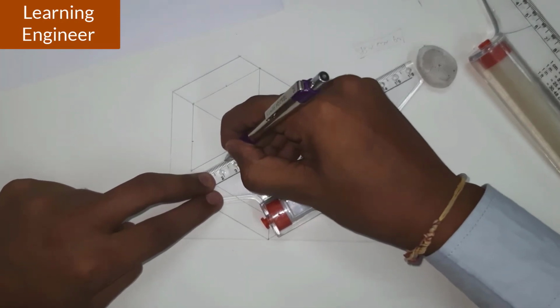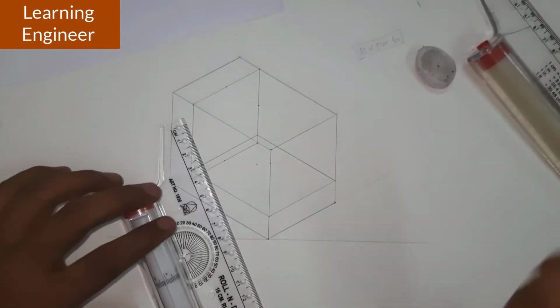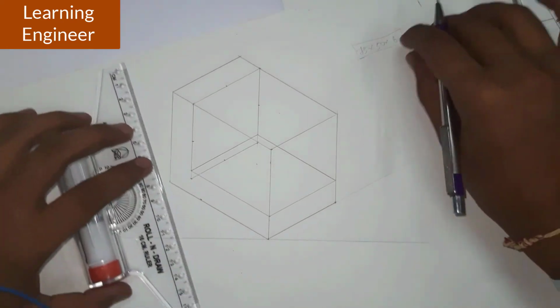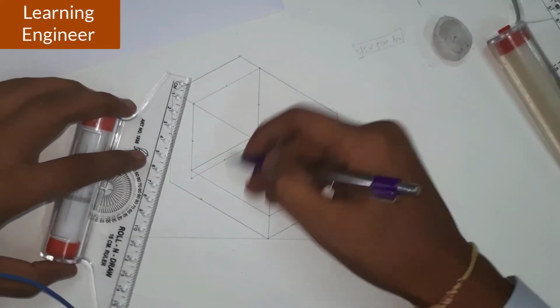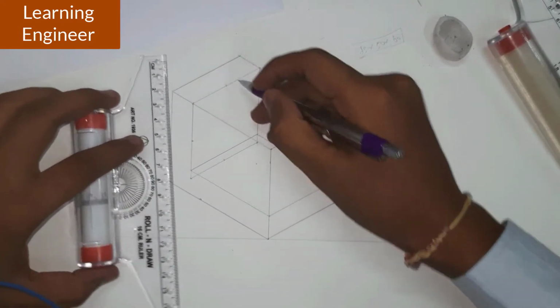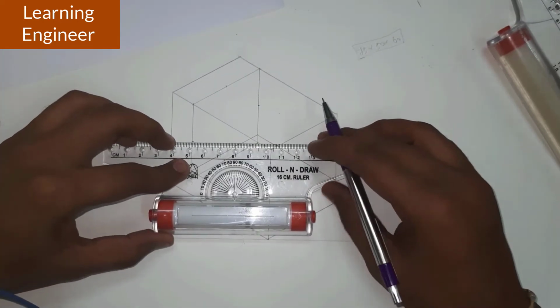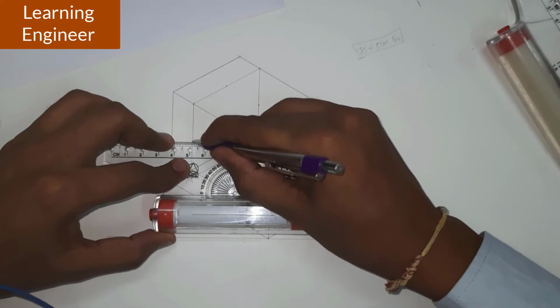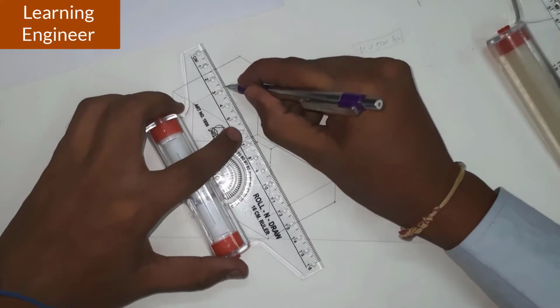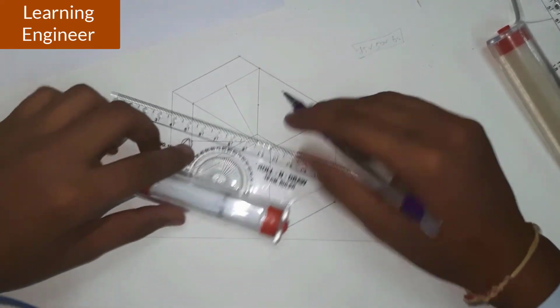So mark the midpoints. Now the smaller diagonal is this one, so simply we have to join the smaller diagonal points with the midpoint of the sides, like this for locating the center.